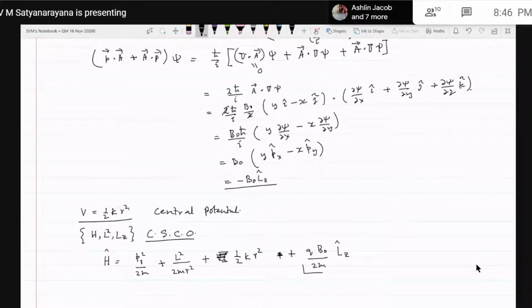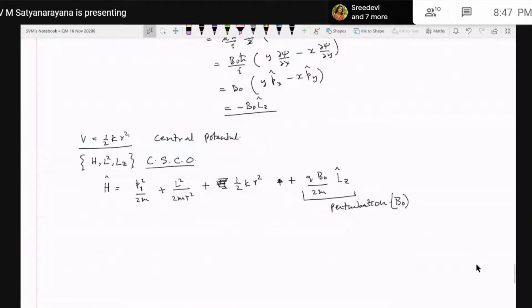So you're going to treat this as your perturbation, because that is what contains this B naught, which is applied here. So you will have this n l m. Okay, so the ground state is 1 0 0, and the first excited state is 2 1 m.